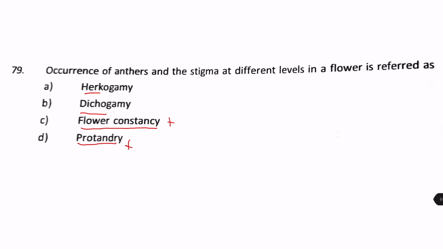Flower constancy, no. Dichogamy is also no, because again that is about the difference in the timing of the female and male flower. The occurrence of anthers and stigma at different levels is actually hercogamy, so our answer is number A.